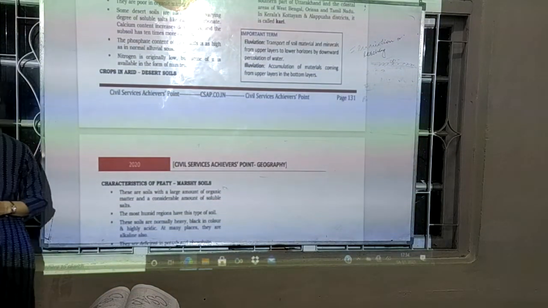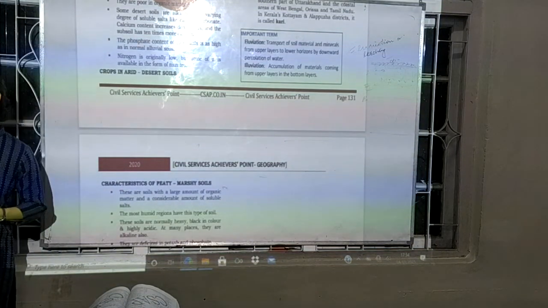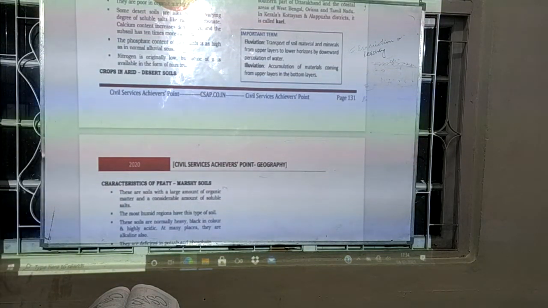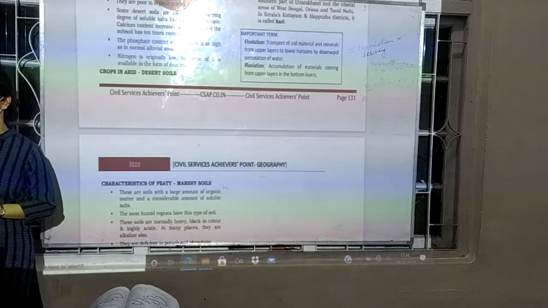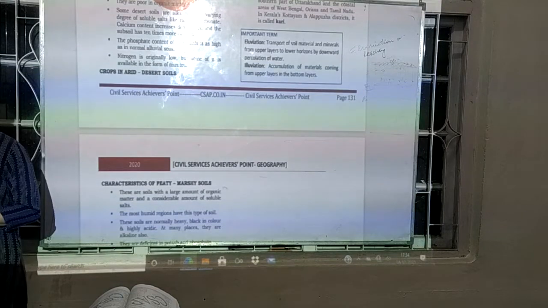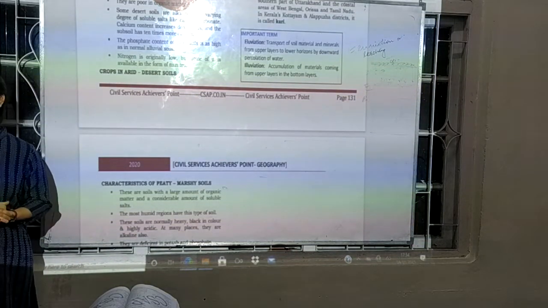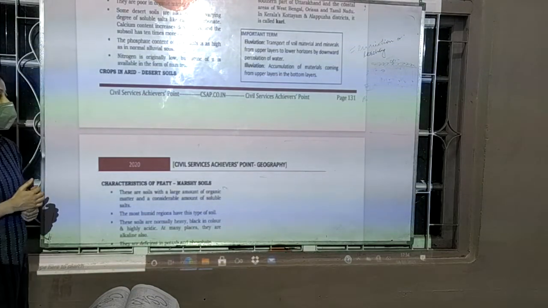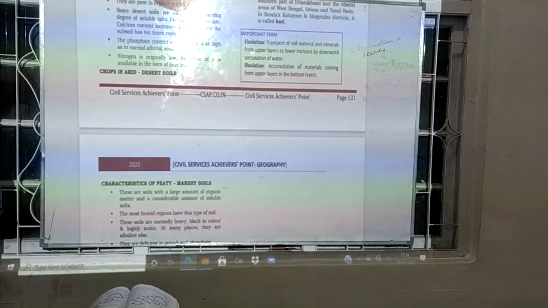Alright, look at this term: alluviation. What is it? Transport of soil material from upper layers to lower horizons by downward percolation of water. Alluviation is accumulation of materials coming from upper layers in the water. From up to bottom, it is called alluviation.